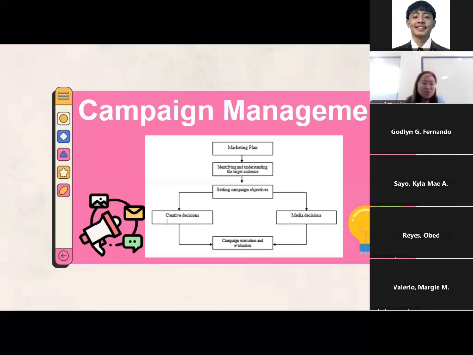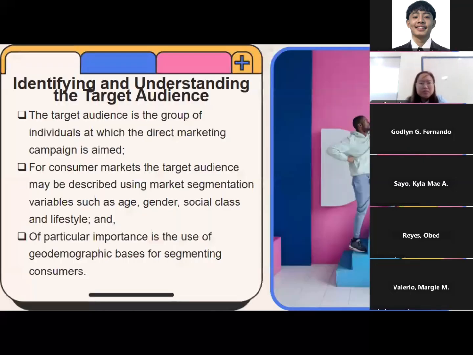So let's continue with our discussion. Now let's proceed to identifying and understanding the target audience, which is very crucial for effective marketing. The target audience is the specific group of people the company wants to reach with its marketing efforts.